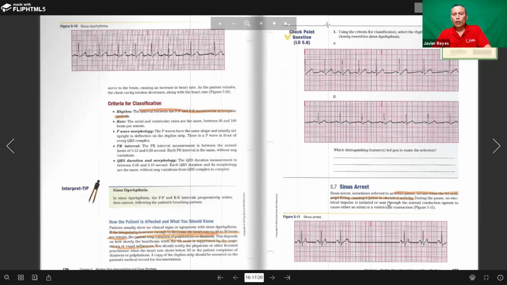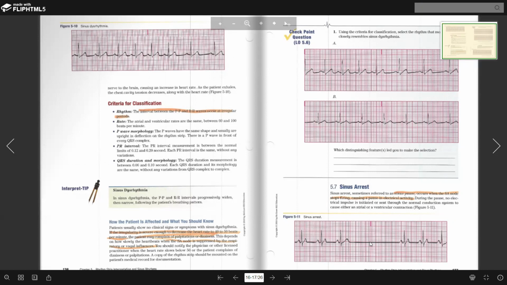Why would the SA node ever stop firing? That could be a serious problem. During the pause, there's no electrical impulse. You see how this line here? Can y'all see this big old space, the big gap? There's no electrical activity at all. It's like somebody's dead for like how many seconds? I don't know, 2, 3 seconds.